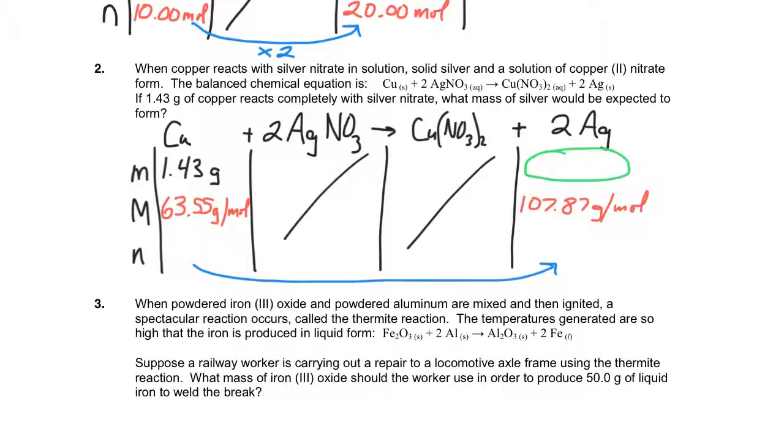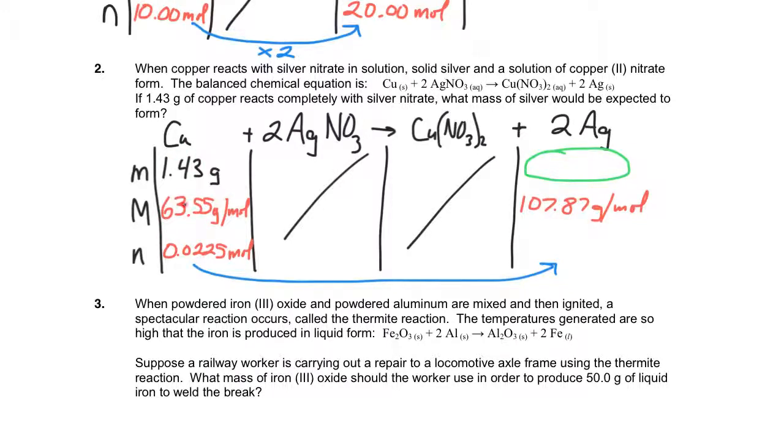A lot of students make the mistake of multiplying the molar mass by 2 if they see a coefficient of 2. But you have to remember, this is the molar mass, the mass for 1 mole, not the mass for 2 moles. So we ignore the coefficient when we're finding the molar mass.